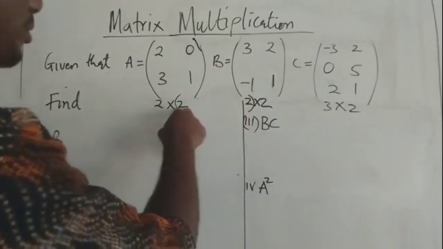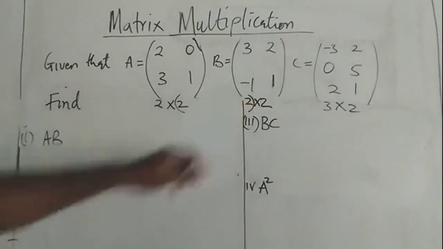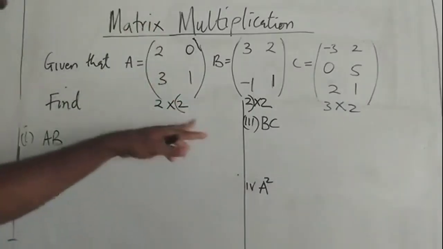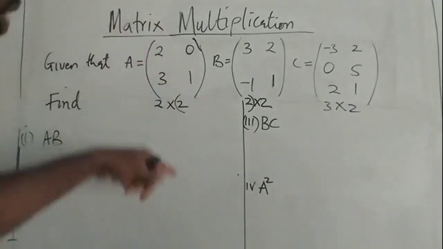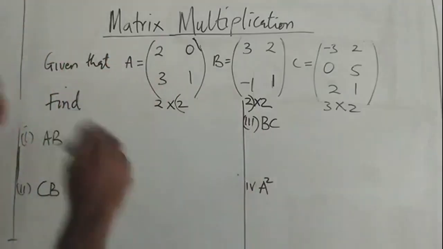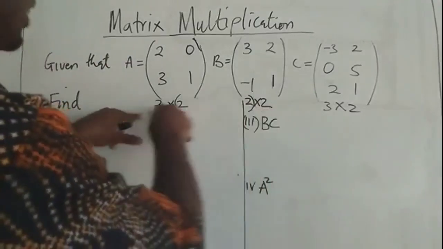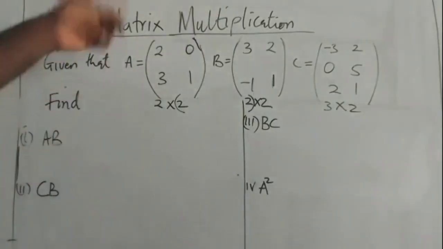Are they the same? Yes. In this case, this is 2, this is 2, meaning the multiplication can go on. Then, after multiplying the two matrices, the result or the product will have the order 2 by 2. The remaining 2 numbers will form the order of the result.